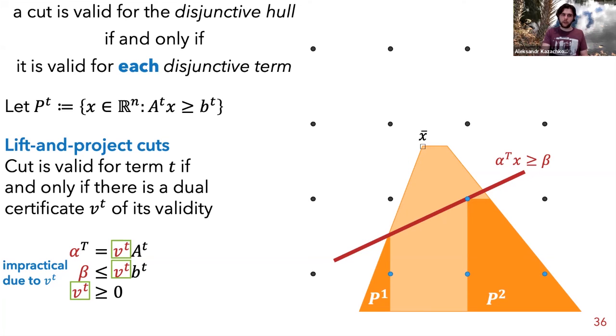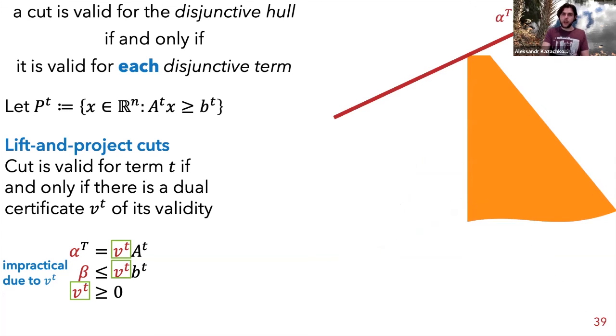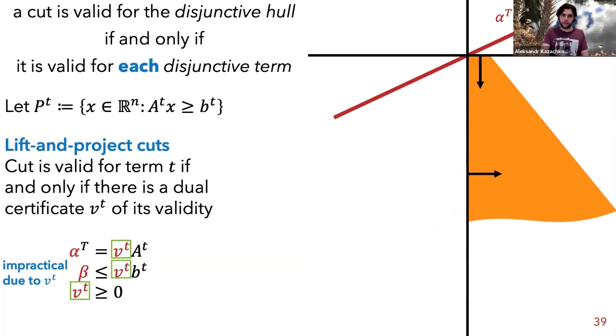And that's kind of our starting point. What can we do to alleviate that issue? Well, let's look at one of these disjunctive terms. Let's say P^2 here. What we've done up to now is we've used this definition of P^t in terms of the inequality description.